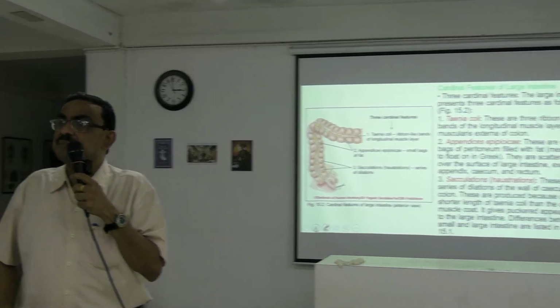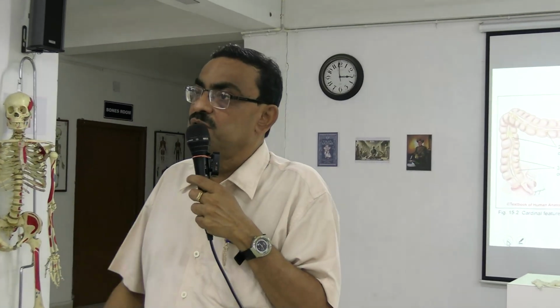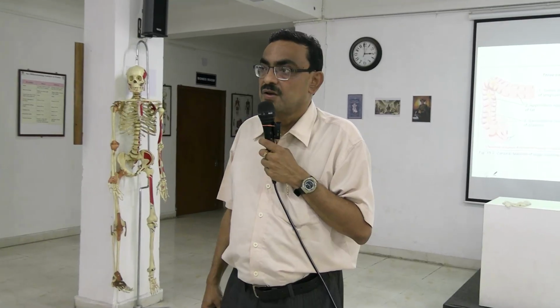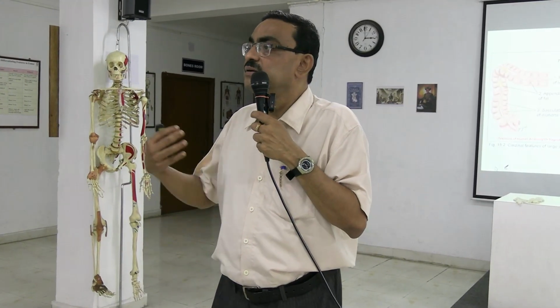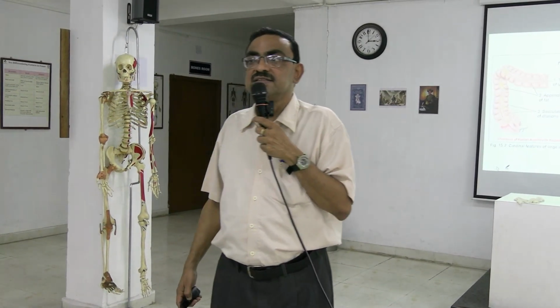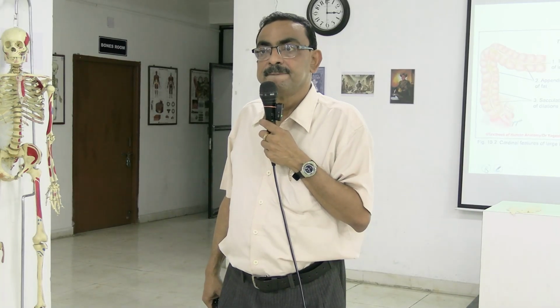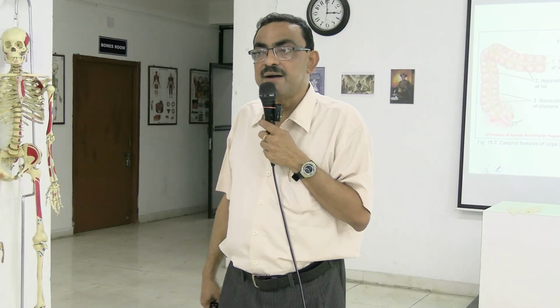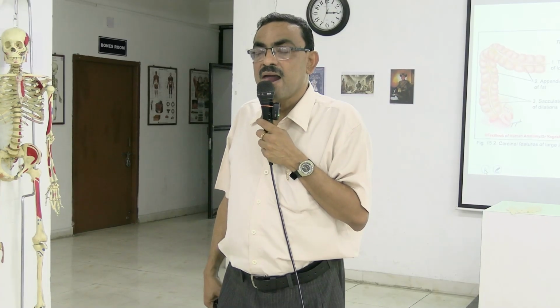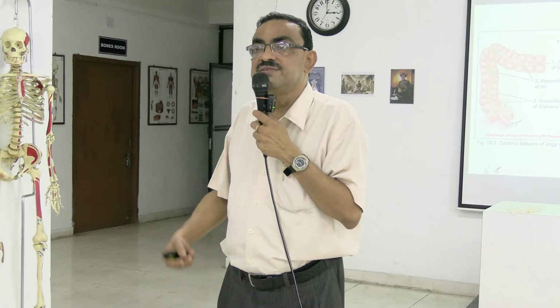We know this is the position of the cecum in the right iliac fossa. What is the relation of the different structures? Anteriorly we will get the anterior abdominal wall, parietal peritoneum, then we can reach the cecum. And what is the posterior relation to the cecum?